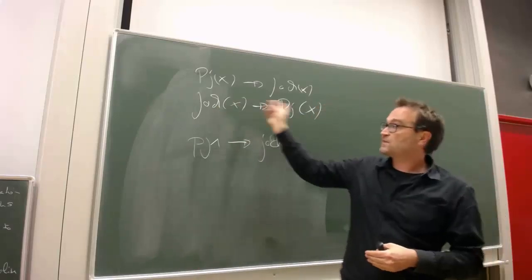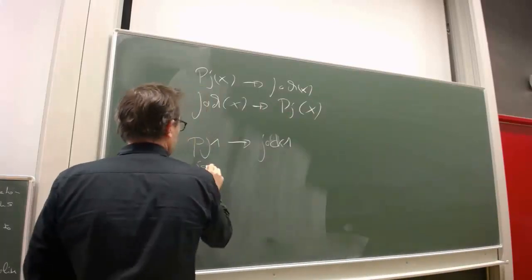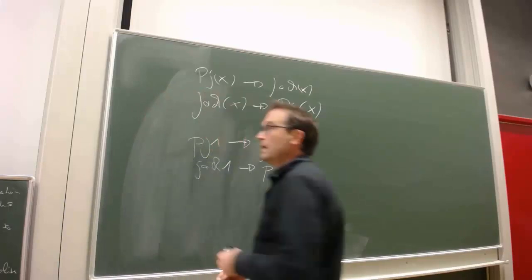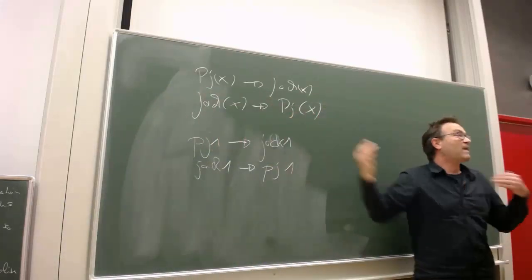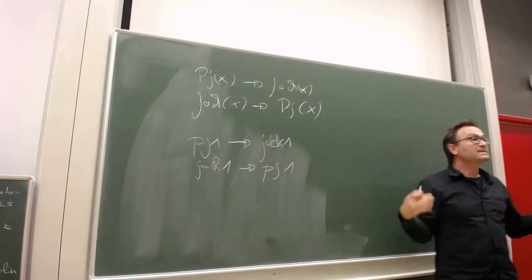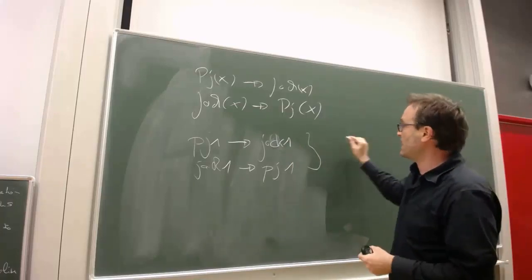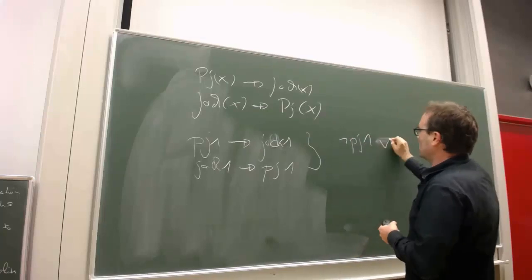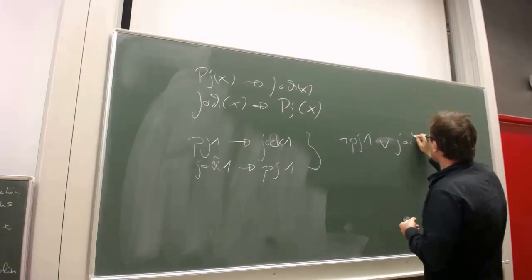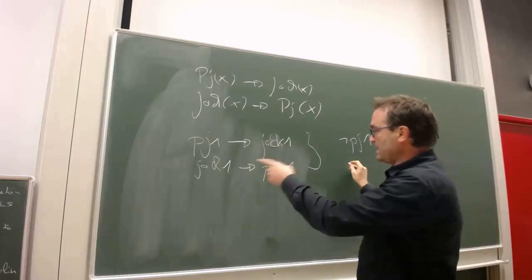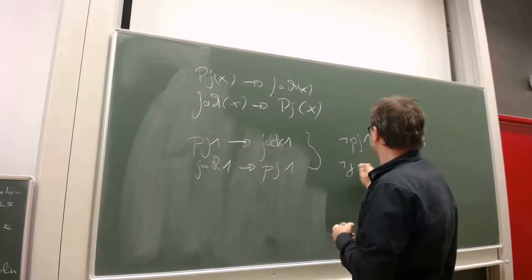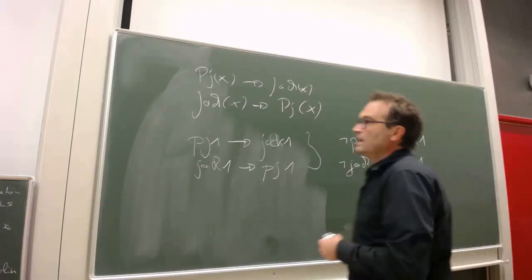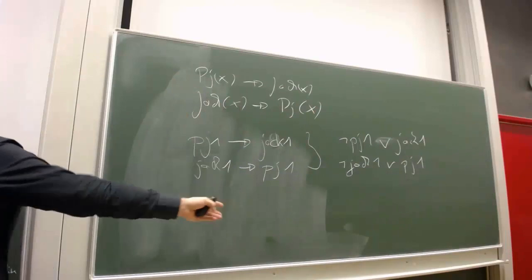And I also have to do this for the second one, so we have jack 1 implies pj1, and those are not in clausal normal form yet. So we can transform them into not pj1 or jack 1, and the other way around is not jack 1 or pj1, and that gives me the first two of these axioms.